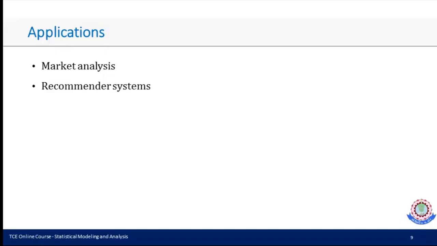Those recommendation systems are typically generated by analyzing the customer patterns which have been established previously.